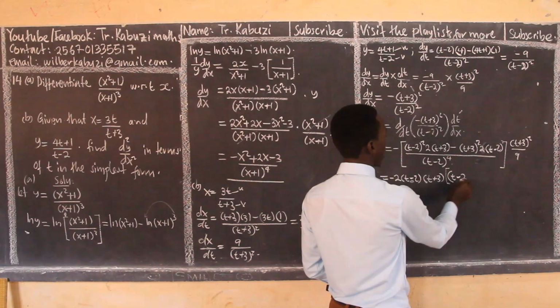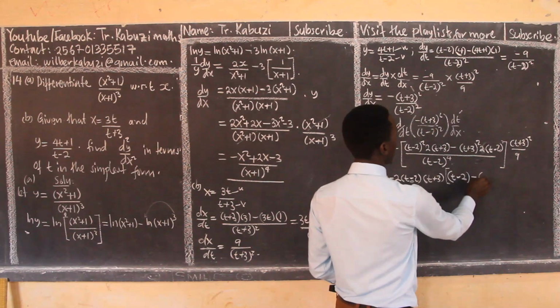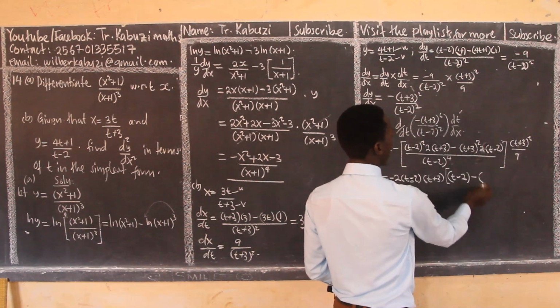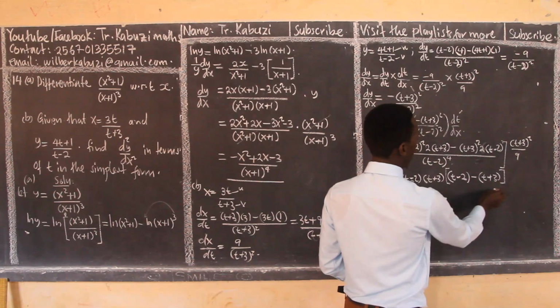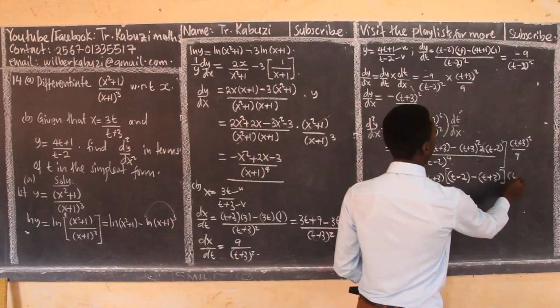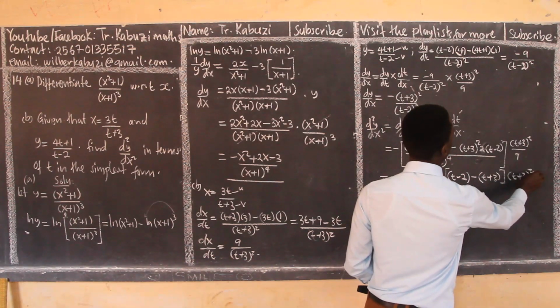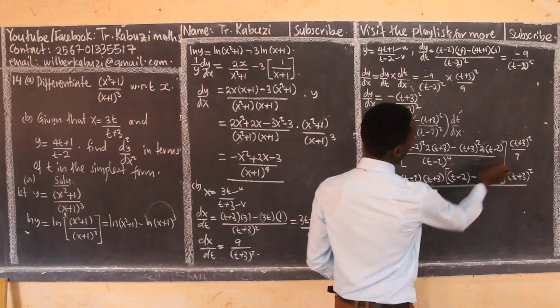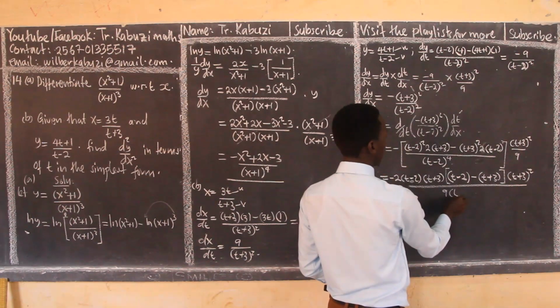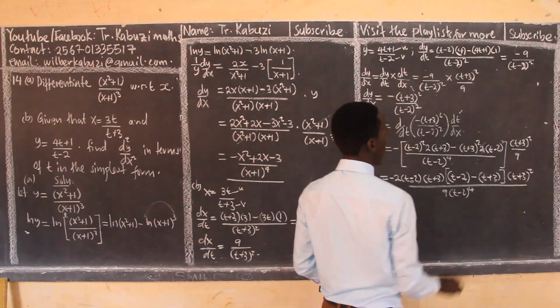This is in big brackets. Then here I remain with the negative, and of this one I remain with (t plus 3). The whole thing, remember I have (t plus 3) squared there, the whole thing over, this my 9 comes there, to multiply in that order.